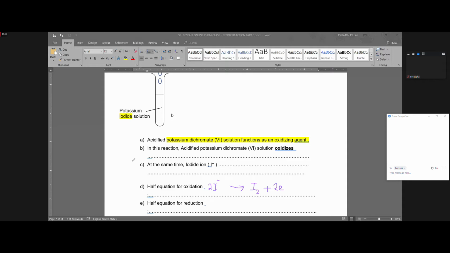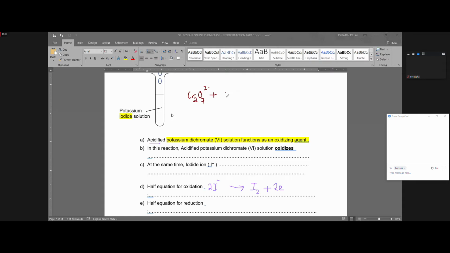Dichromate(VI) and see the word acidified. I'm going to do it here, in the empty space again, like what I did just now. I'm going to use another color. So dichromate(VI) is Cr2O7 2-. The potassium will cancel out, so don't bother with potassium. See the word potassium? Don't bother. Dichromate(VI), acidified. Can you see acidified?